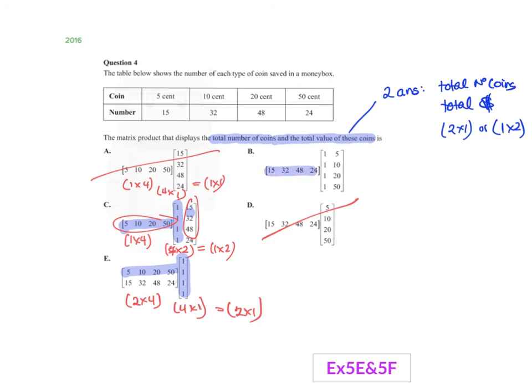This adds up how many we have. And then if I times them by 1, that would add them all up. Then here, this is how many I have by the value they are. This is going to be the answer. Can you see that? If you times that one, this will be the answer. It'll give you what you want, and you'll end up with a 1 by 2. So this one's a little bit harder, but I'm just showing you what you need to know in year 12. All right?